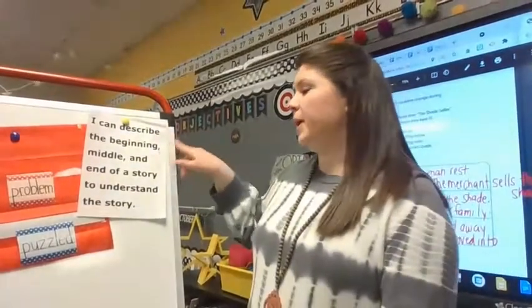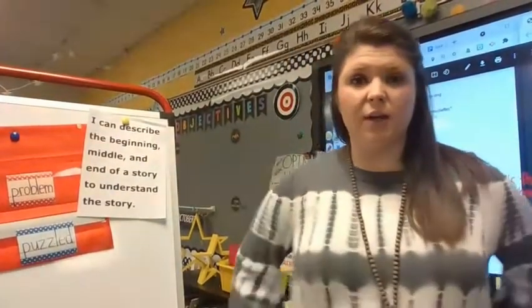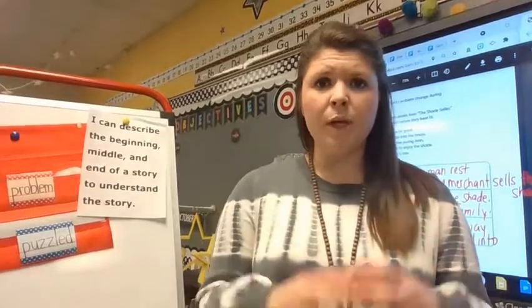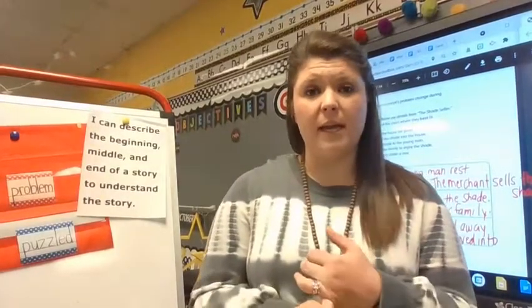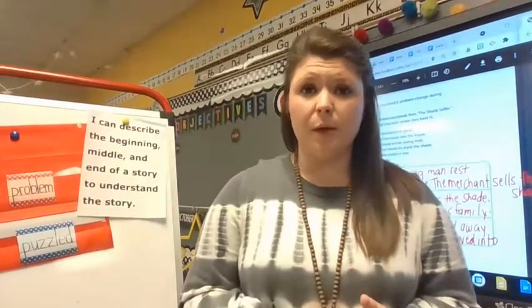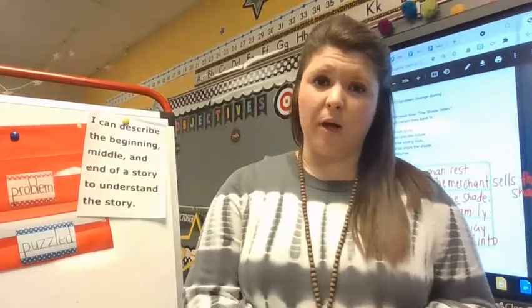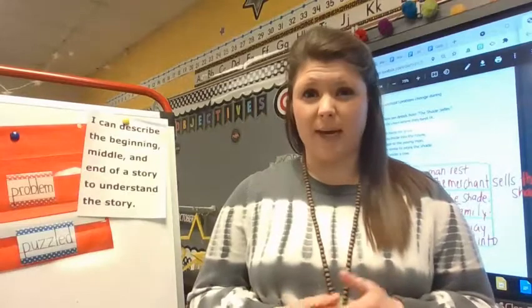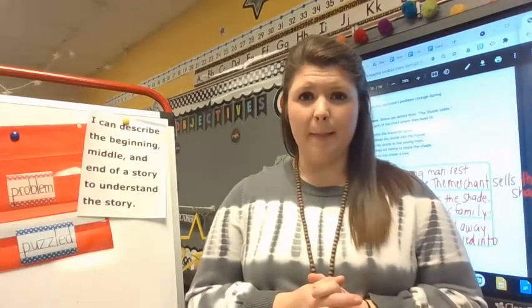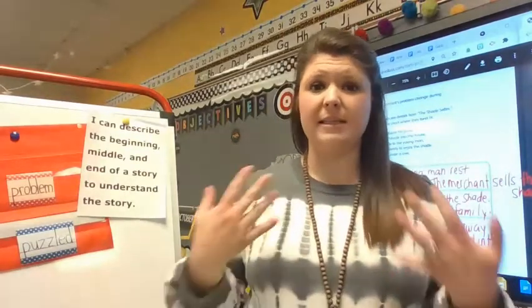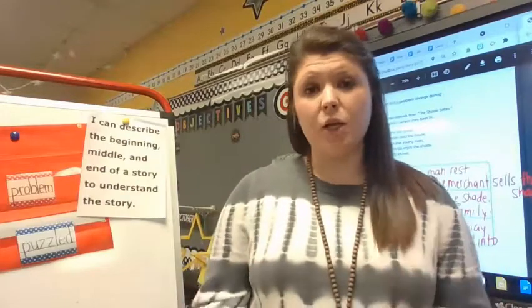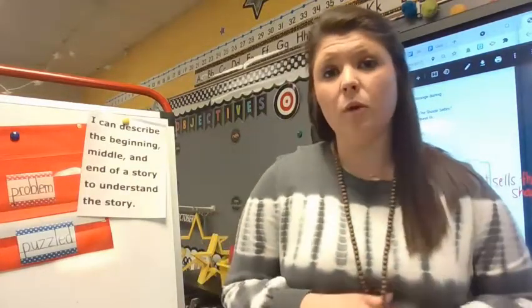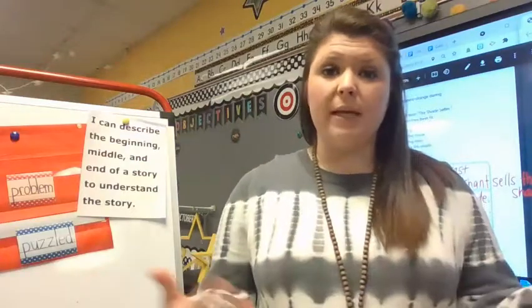I can describe the beginning, middle, and end of a story to understand the story. When you really sit down and focus on the beginning and the problem, how the problem grows in the middle, and then how the problem is solved in the end, does it help you better understand what you're reading? I encourage you to take this skill and use it in your independent reading to help you better understand what it is that you're reading.